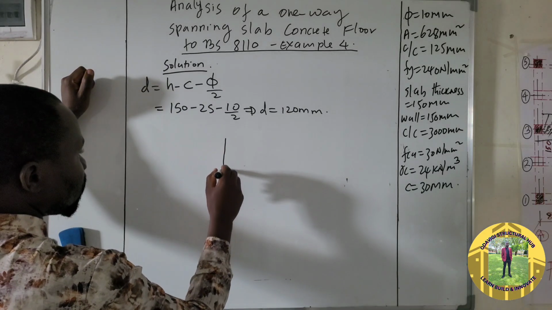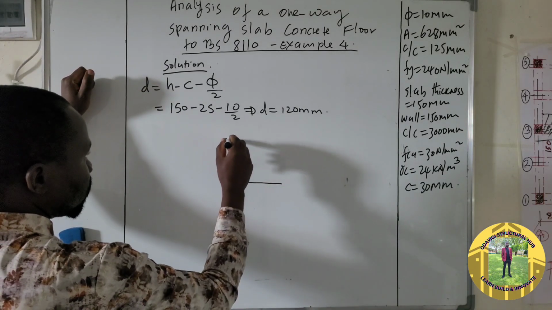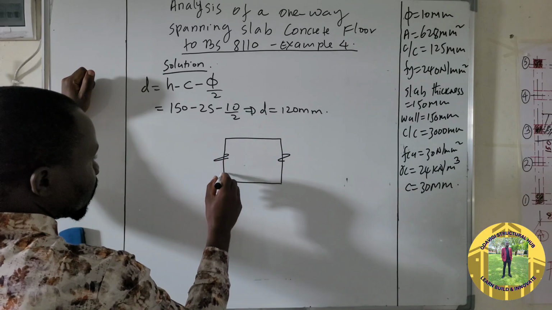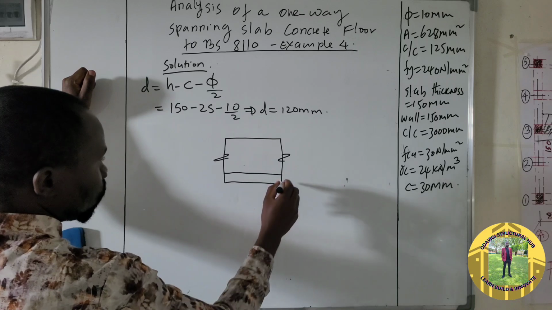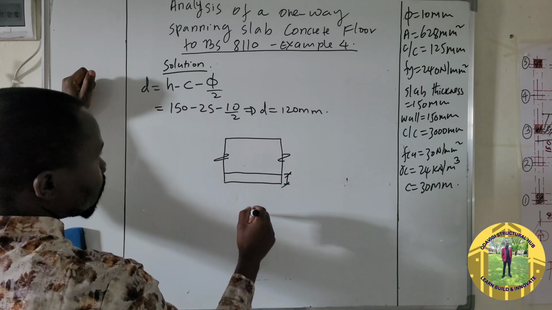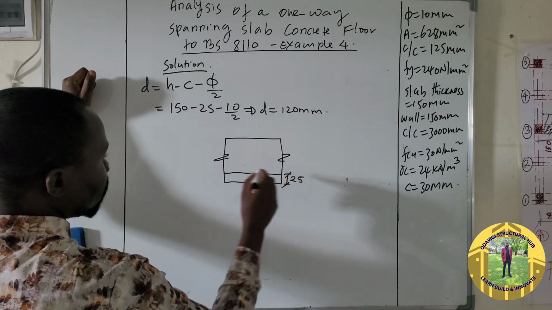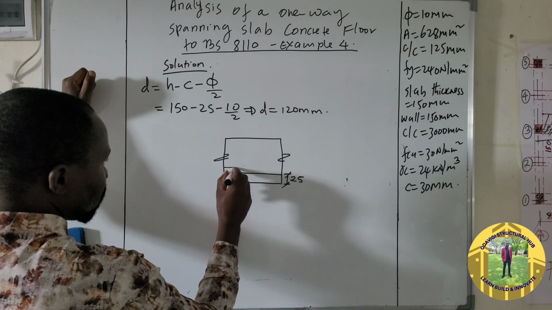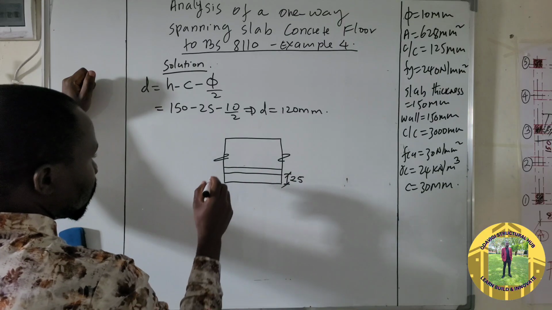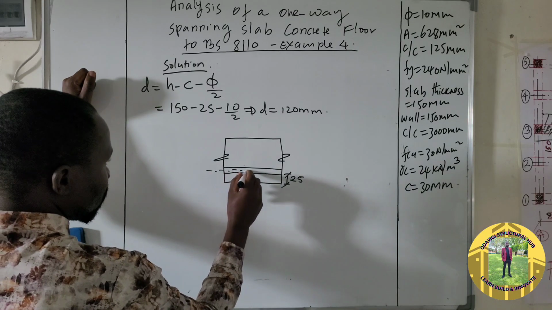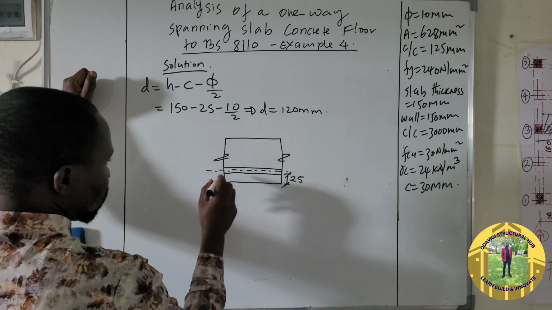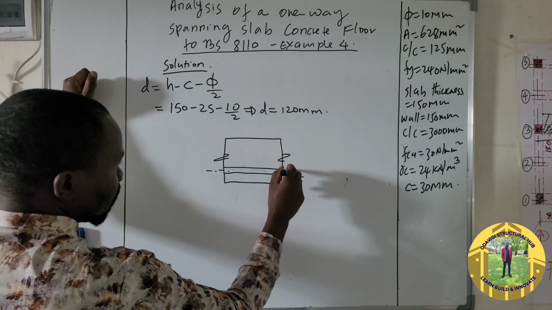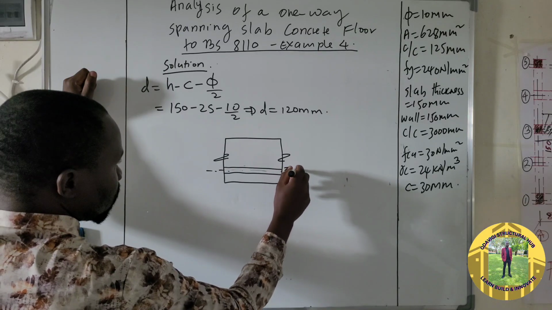If this is a slab, and this is the cover, which is 25, and this is the steel, 10 millimeter.